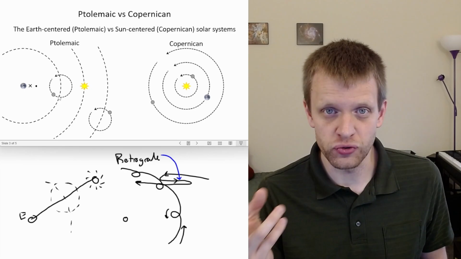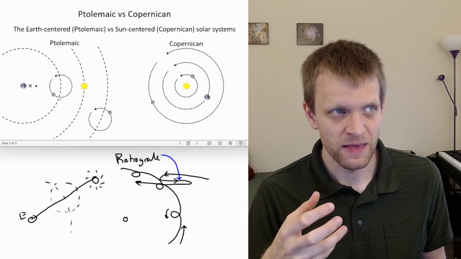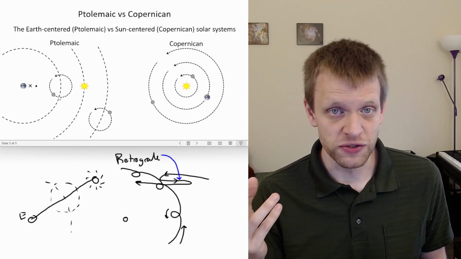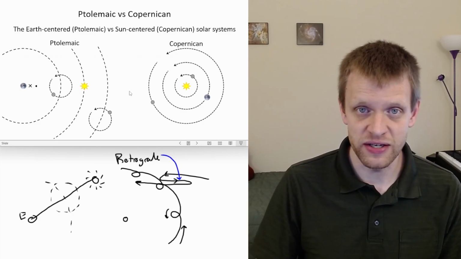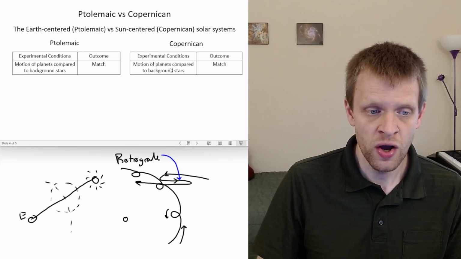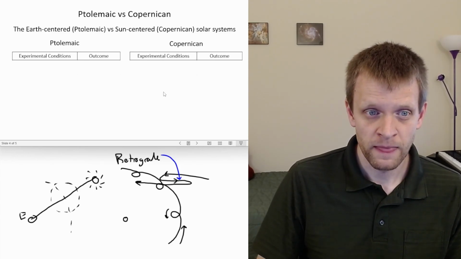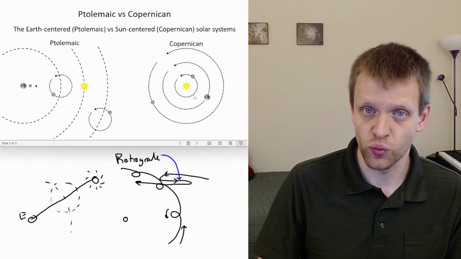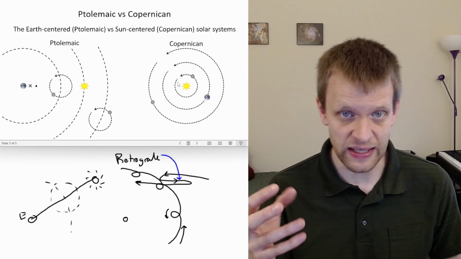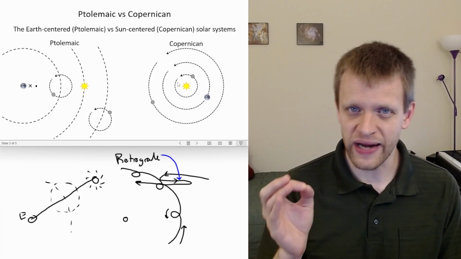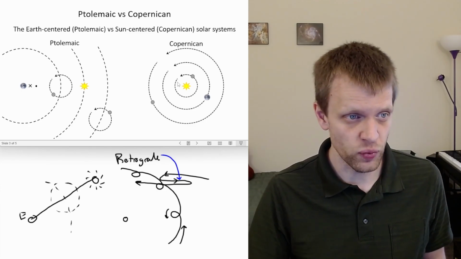So with all of those correction terms somewhat artificially put in, the Ptolemaic model was very accurate at predicting the motions of the planets compared to background stars, whereas the Copernican model, which was still assuming at the time that all of these orbits were circular rather than the ellipses that we now know they are, was still not quite as finely tuned as the other one.